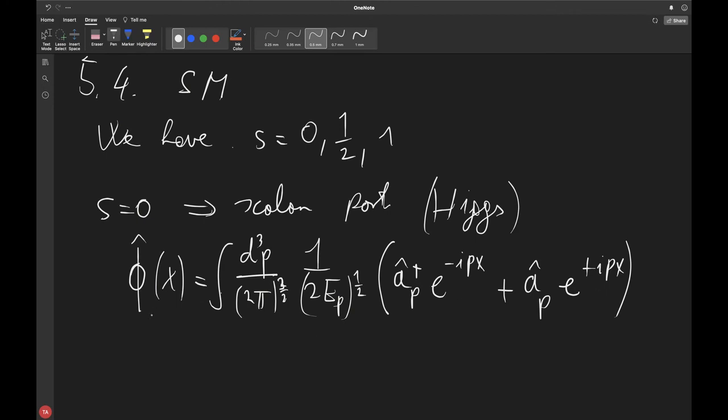So this is the field that describes the Higgs, and the Higgs is responsible for giving mass to the elementary particles.